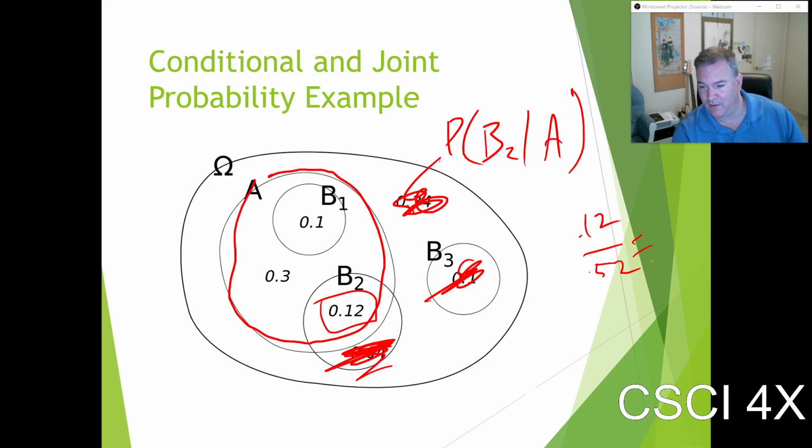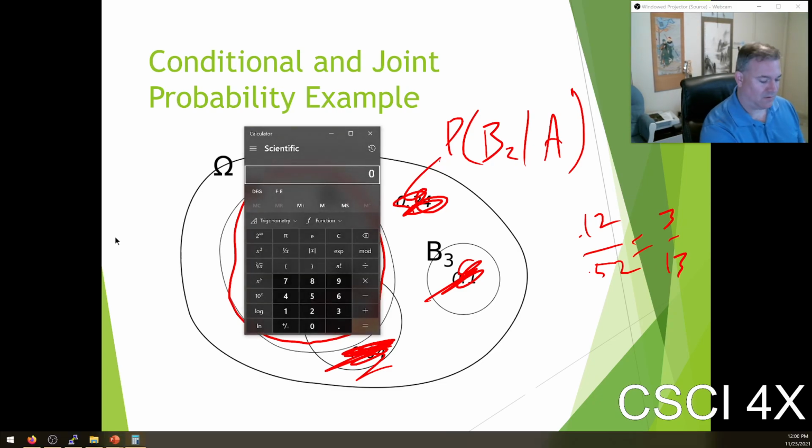So the probability is going to be 6/26, 3/13, I think, is the odds. 0.23.